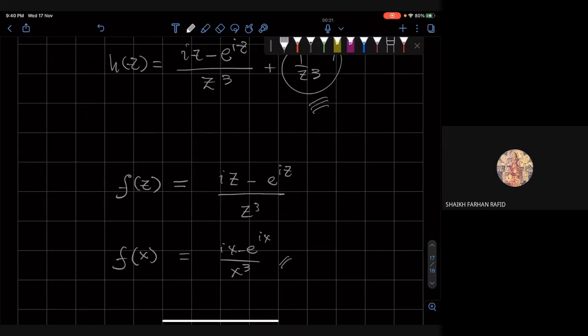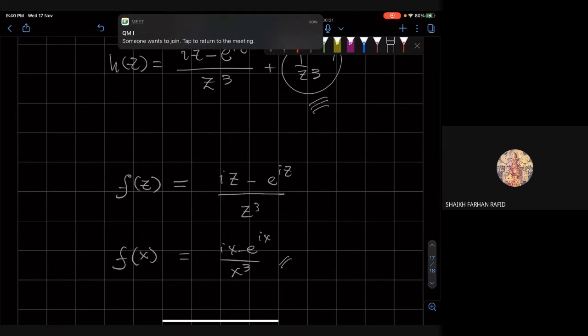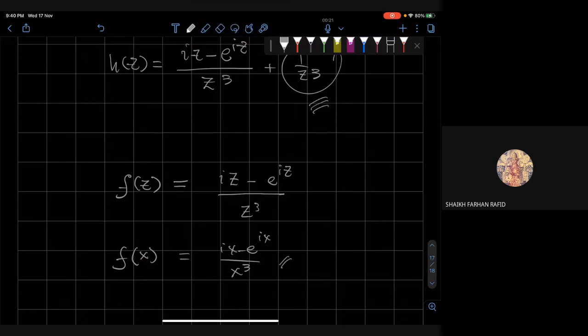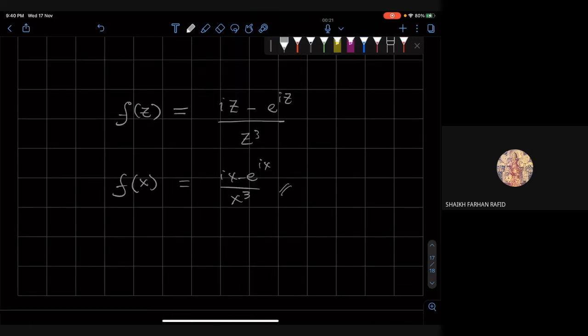It's a complex function, even though the variable x is real. So now if I take the imaginary part of f of x, I get x minus sine of x over x cubed.